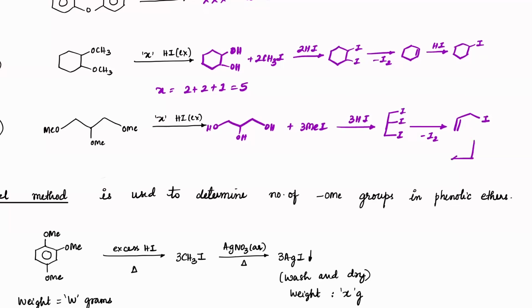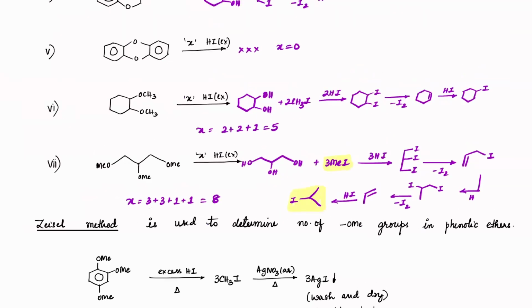And this will again react with 1 more mole of HI. You will get 2 iodides in this position, correct? And again I2 will be lost. You will get an alkene. 1 more HI will be reacted. And finally, you will get this iodide here. So this is a product that you will report, 1 and 3 moles of this. Done. So X, if you calculate now, initially 3 moles, then again 3 moles, then 1 mole and 1 mole. So total 8 moles have been consumed in this case. Got it?